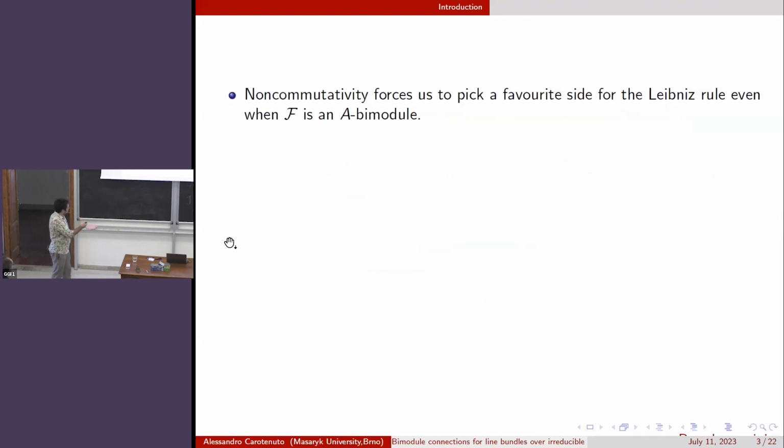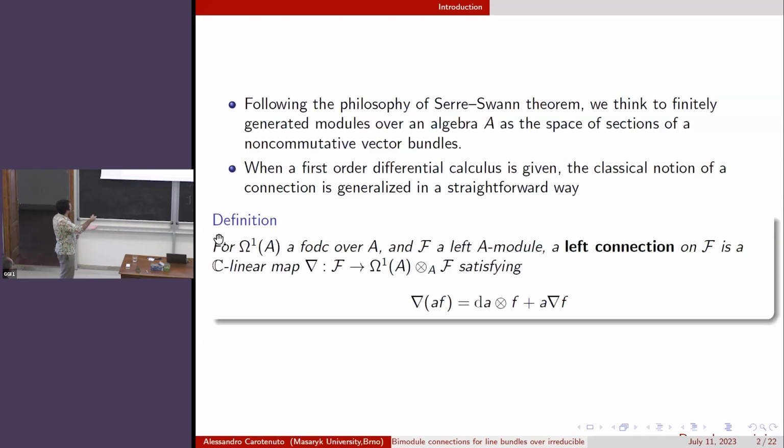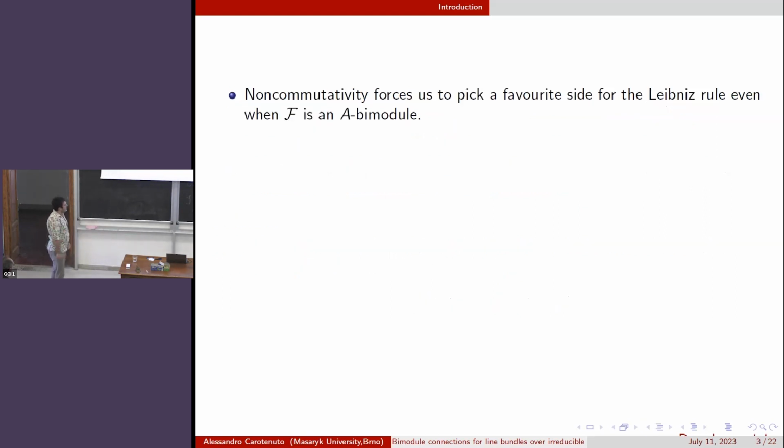Let's suppose that we have, for example, a left module over A, then a connection is just a linear map that respects the Leibniz rule, as everybody knows. However, instead of choosing between a left or right module, I might have, in fact, a bimodule.